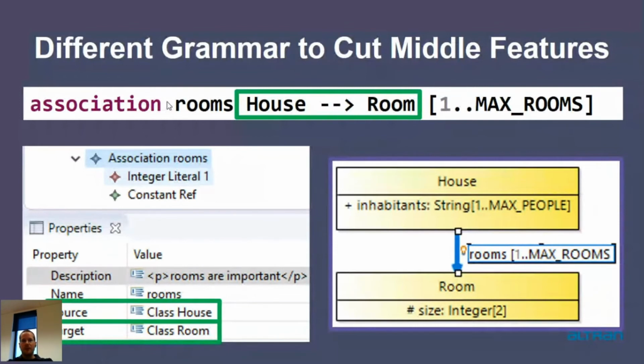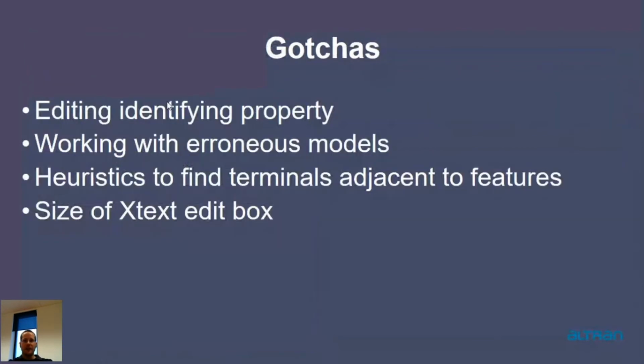So this covered the main features, and there are a few more. They are described extensively in our documentation. A few gotchas. If you edit the identifying property, mostly the name, this can lead to problems.